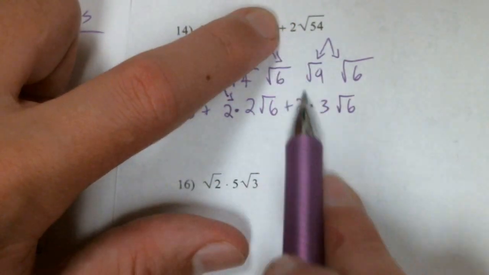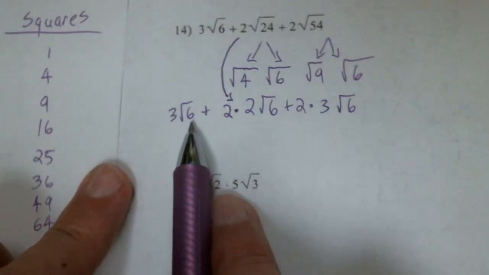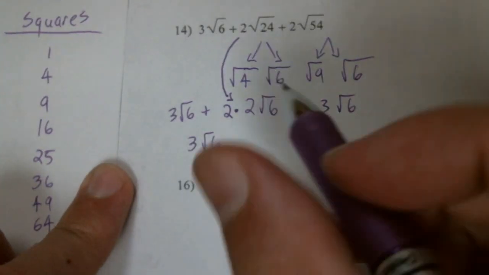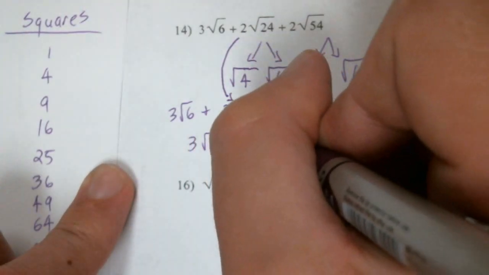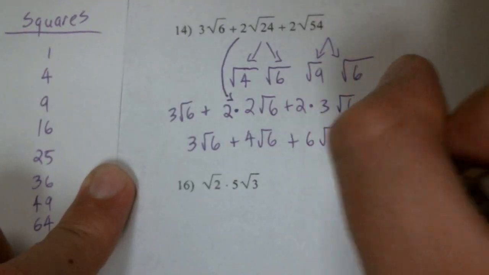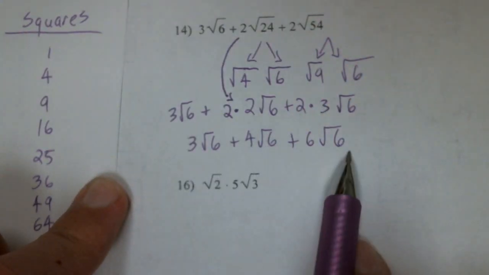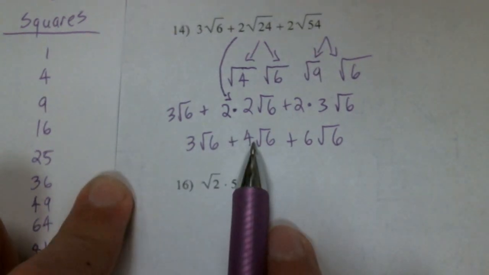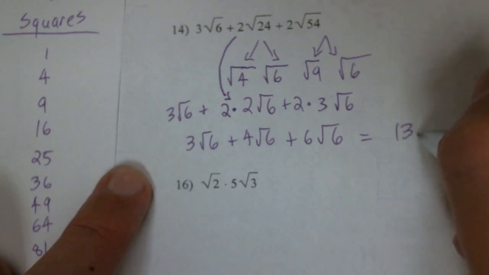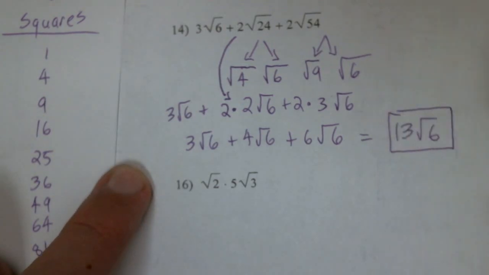But remember, I'm multiplying 2 times all of this. Can't do anything with 3 root 6. 2 times 2 is 4, so that's plus 4 root 6. 2 times 3 is 6, so that's plus 6 root 6. And now look, I got apples, apples, and apples. 3 apples plus 4 apples is 7, plus 6 is 13. So I have 13 apples, or 13 times the square root of 6.